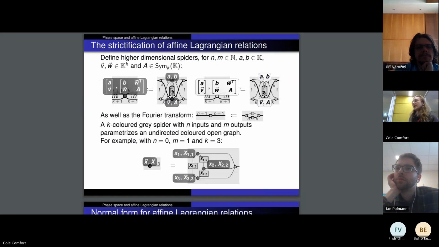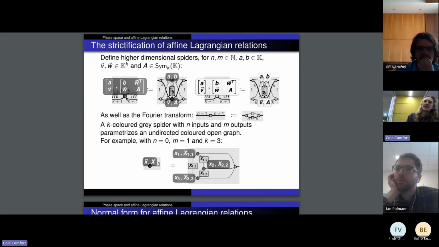Okay. Recall that when I discussed the presentation of affine relations, I gave inductive definitions for how to define block matrices, so that we can talk about kernels and images of subspaces in a succinct way. But here, there's a lot more structure. In particular, because you have these two phases, if you do the same kind of thing and define these spiders on higher dimensional systems, then you get this inductive definition.